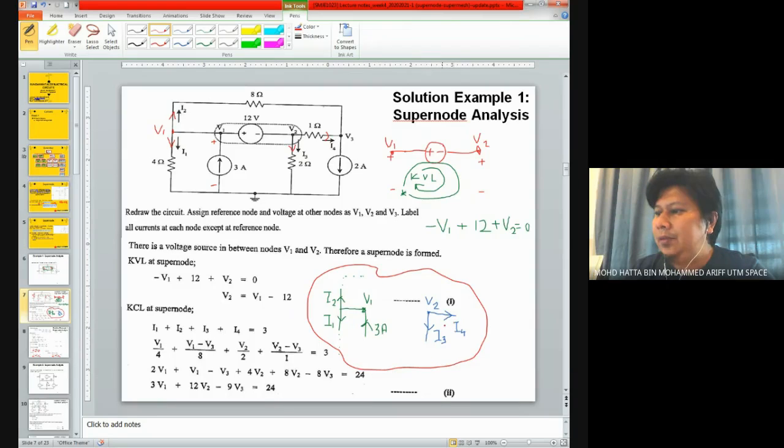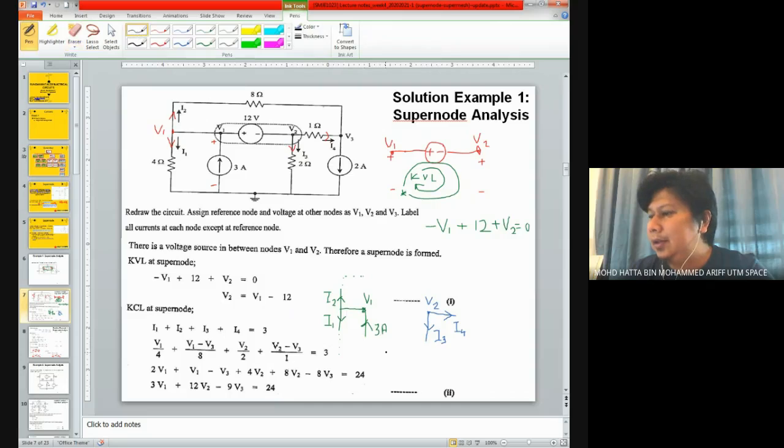And if you look at Kirchhoff's current law, meaning you assess the current coming in and the current flowing out from the supernode, you can write the equation as: sum of I in equals sum of I out.